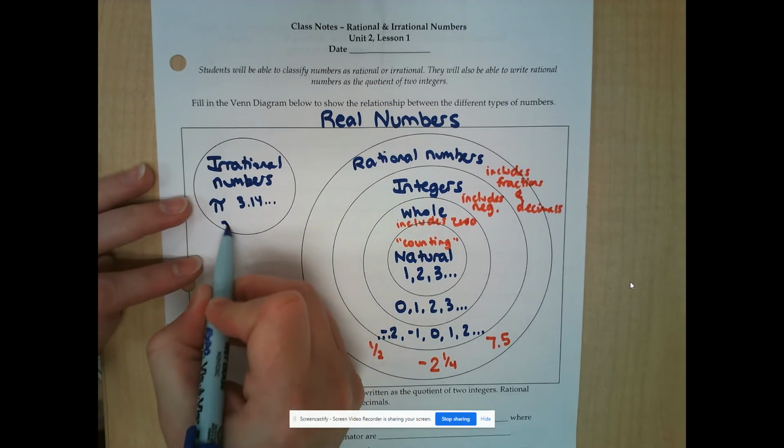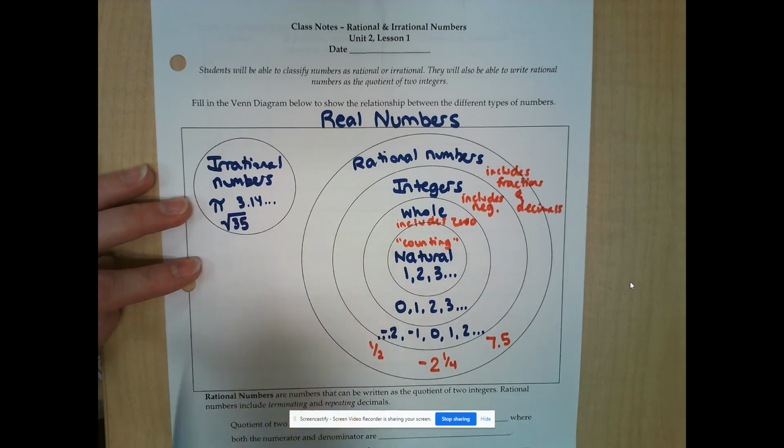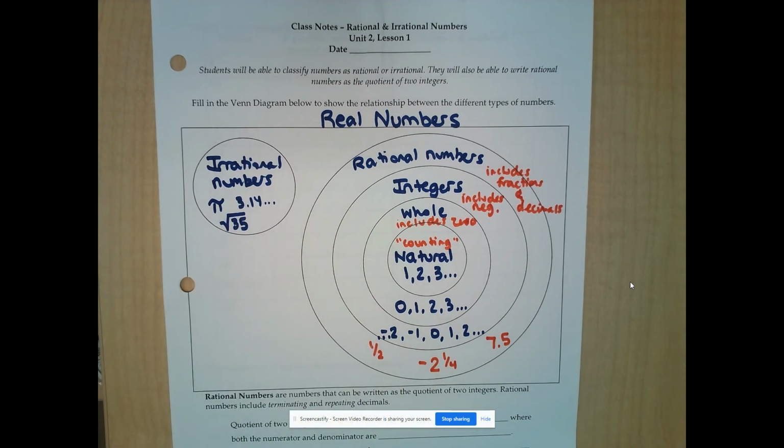The square root of 35: if you've ever tried to find square roots of non-square numbers on a calculator, they go on forever. Another number is called the golden ratio, a number that we haven't talked about yet, but it is another number that often gets discussed with irrational numbers. So these are two categories that fall under real numbers.